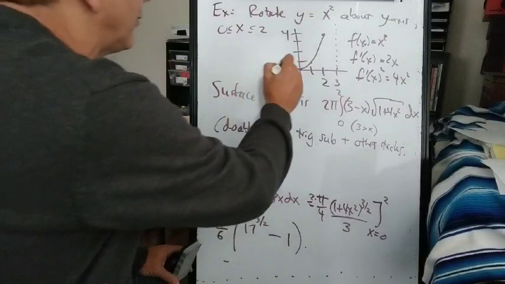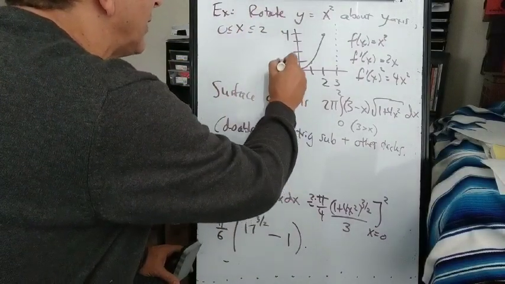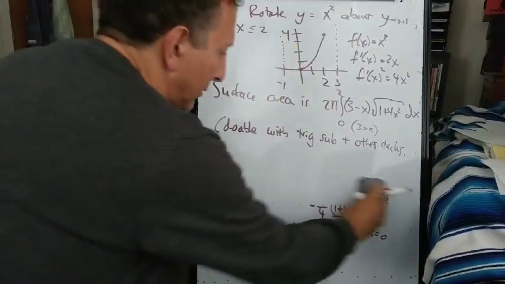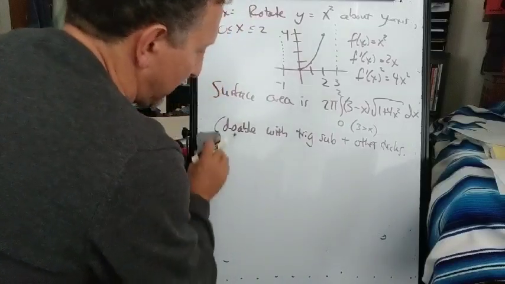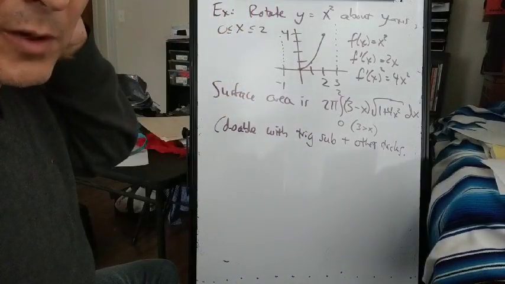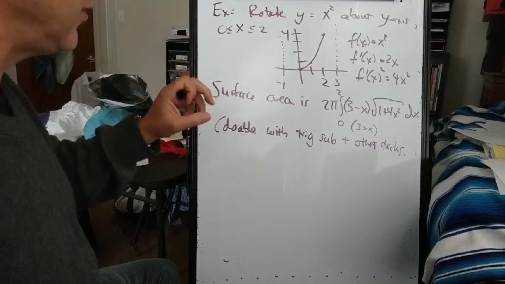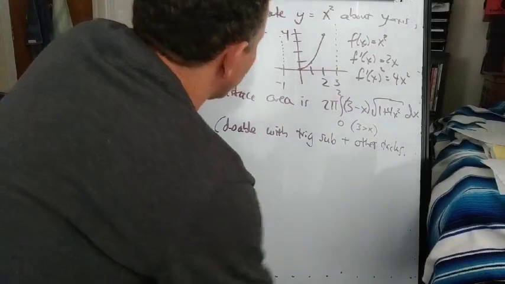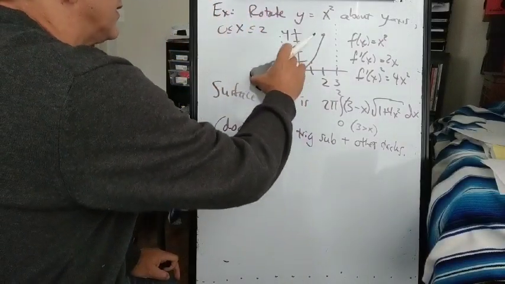And let's look at what would happen if we rotated around the vertical line x equals negative 1. Or better yet, let's do a horizontal line, y equals negative 1.